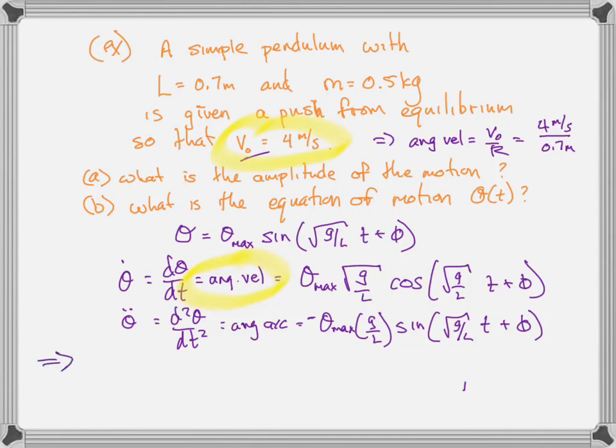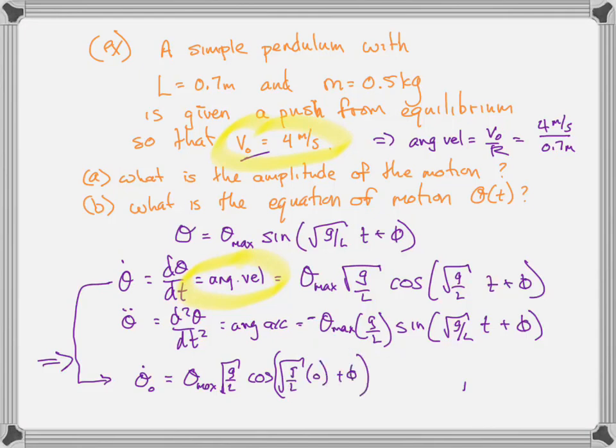So therefore, we could take that angular velocity equation and say that the angular velocity, theta dot at t equals 0, is equal to theta max, square root of g over L, cosine of square root of g over L times 0 plus phi.